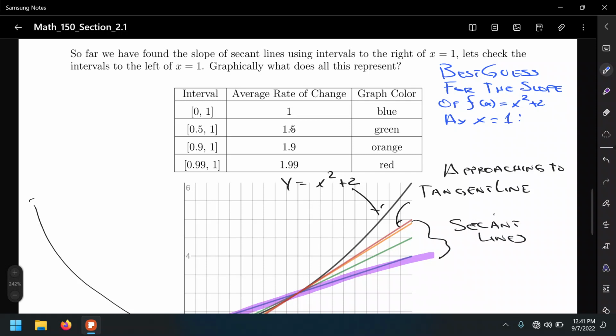So we go from 1 to 1.5, 1.9, 1.99. Most likely, if the pattern continues, it would go to 1.999, 1.99999, etc. What would be eventually the value? M equals 2. All right.